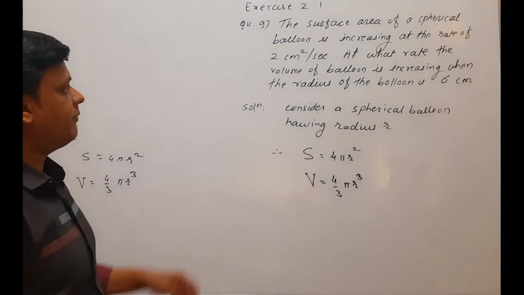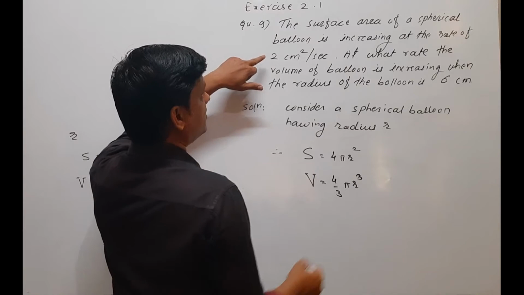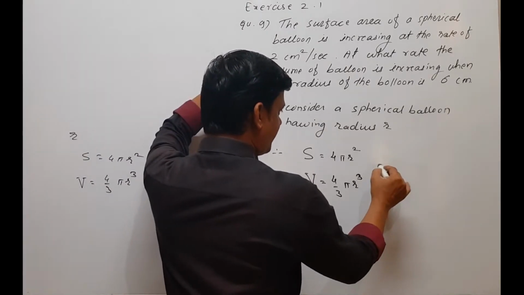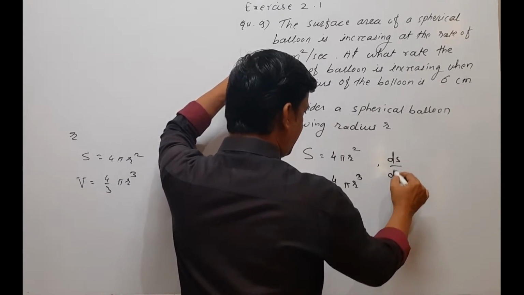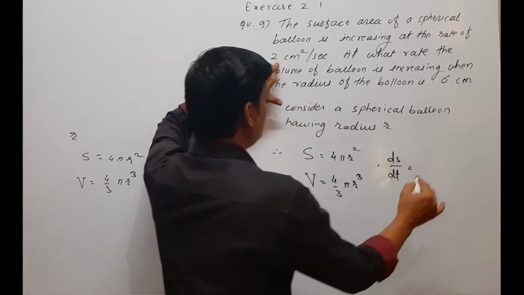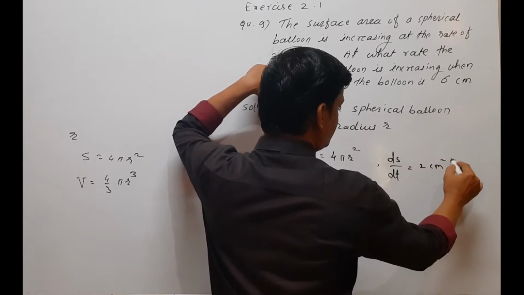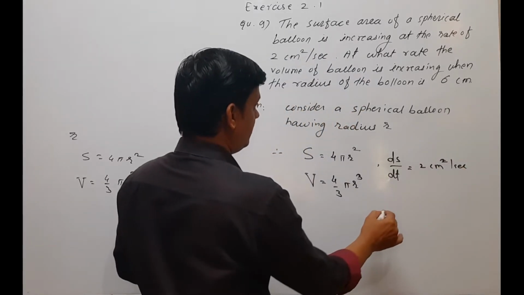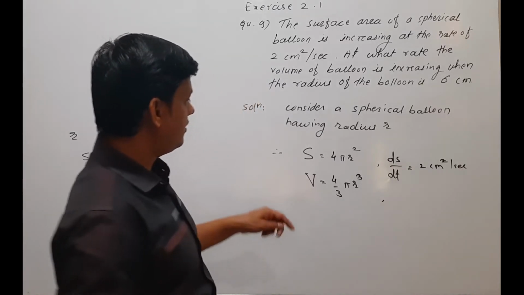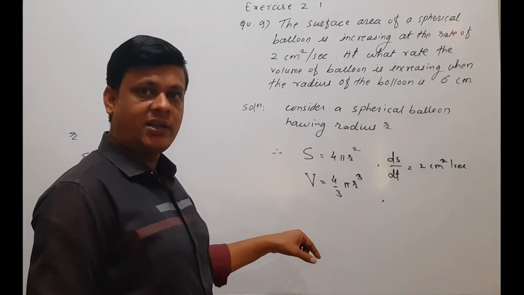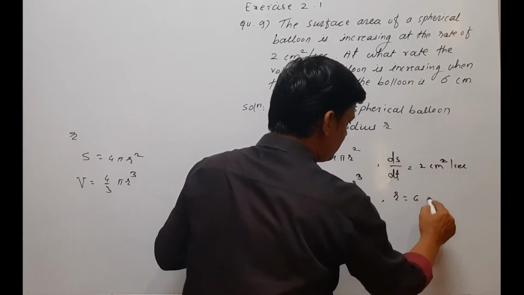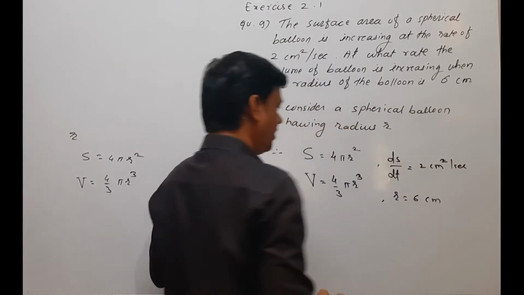Now here given part is rate of change of surface area is given, that means ds by dt is equal to 2 centimeter square per second is given, and again we have to find dv by dt when r is equal to 6 centimeter.